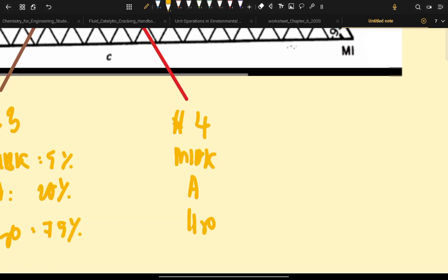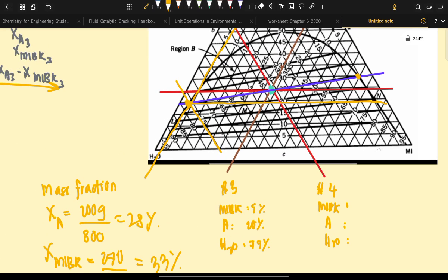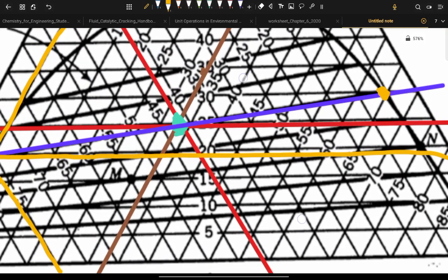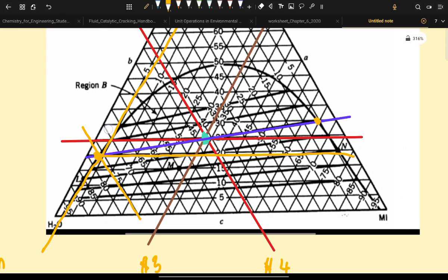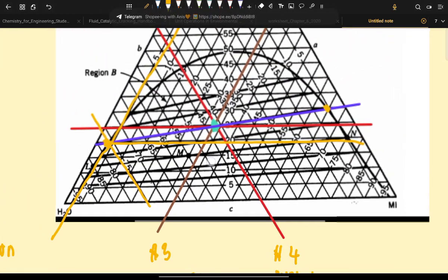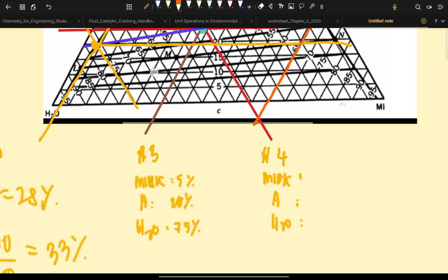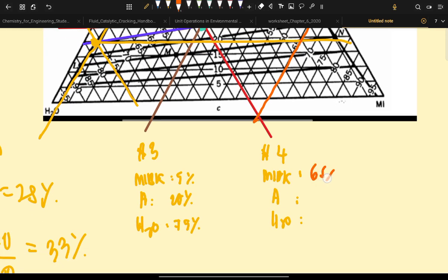I will show stream number 4 also, easier, so you can refer to it many times. So here I got 65% of MIBK. 65%, or I use another color. Okay, 65% MIBK.